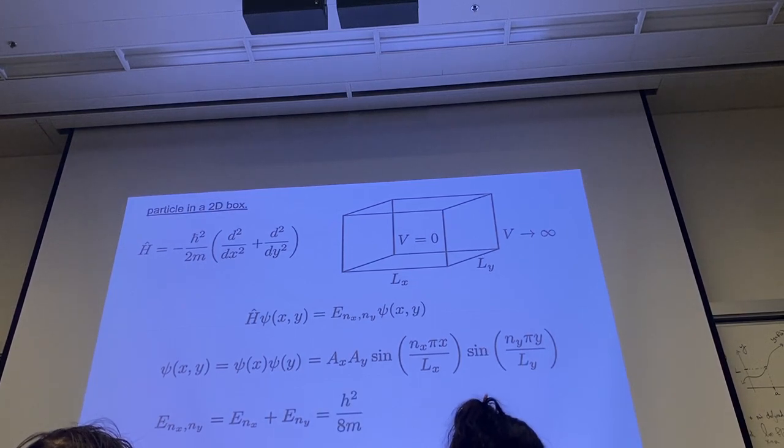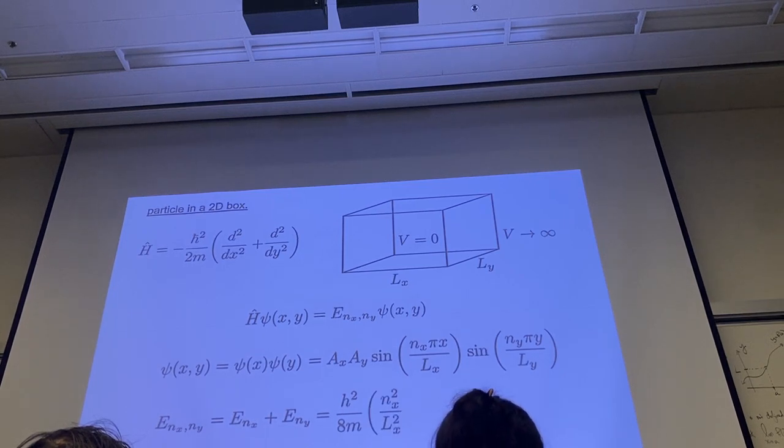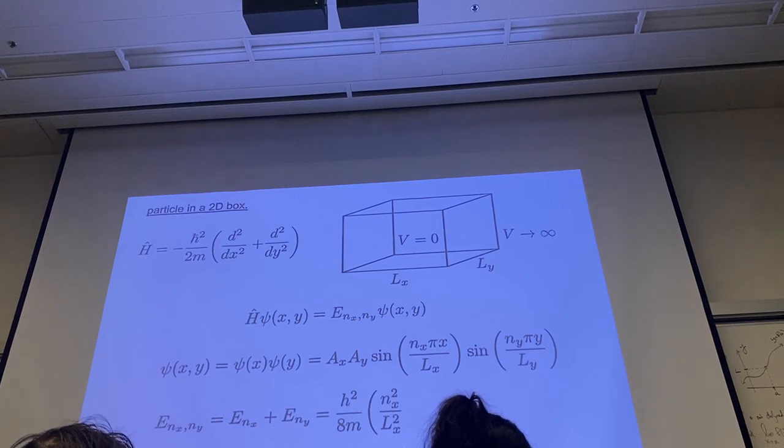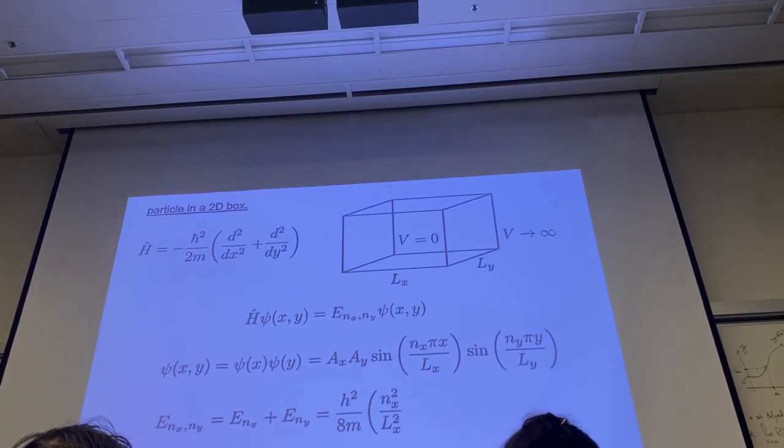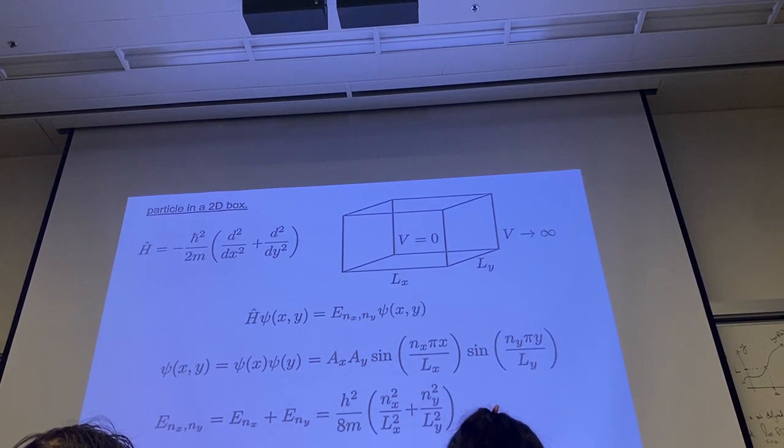If I write that out, I can write it in the following way. The x contribution is this whole thing: h squared, n squared, over 8 m L squared. That is the same form of the energy that we had last time. But I also have a contribution from y, and therefore I add the y part to it, which is here.